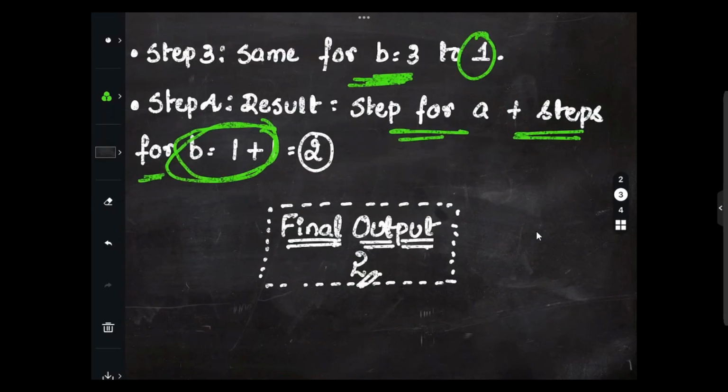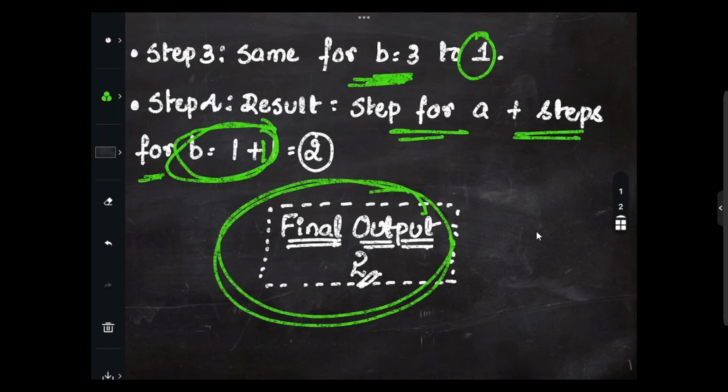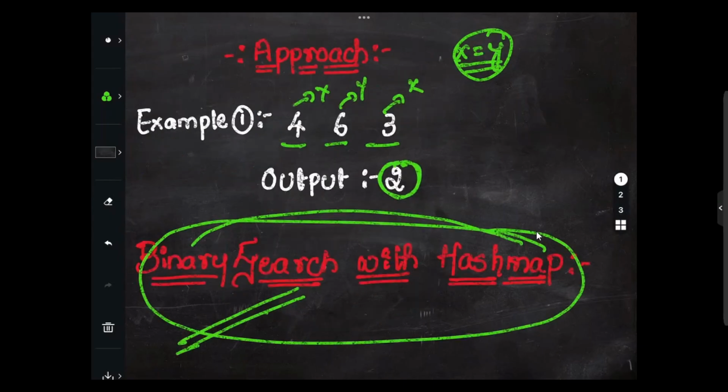So when we sum up the steps for a and the steps for b, it will be 1 plus 1, which leads to 2. The output we got here is 2, which is equivalent to the output they have mentioned for the first example in the list of inputs they have given. So our approach works absolutely correct.